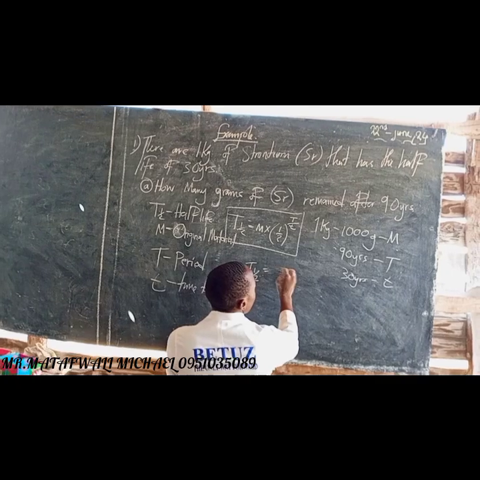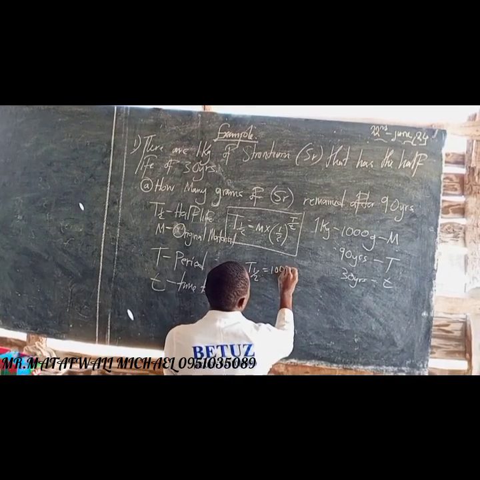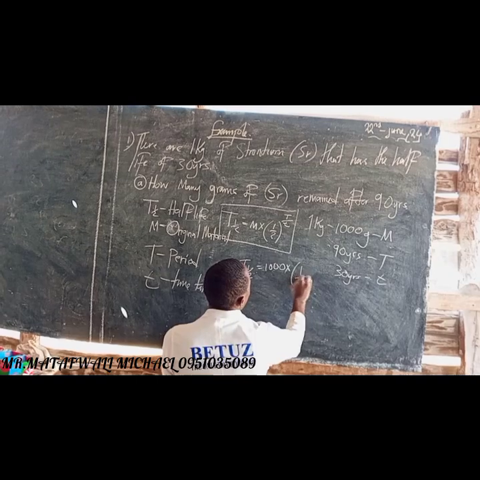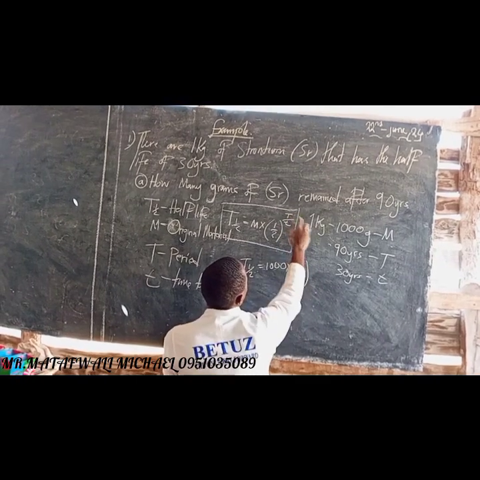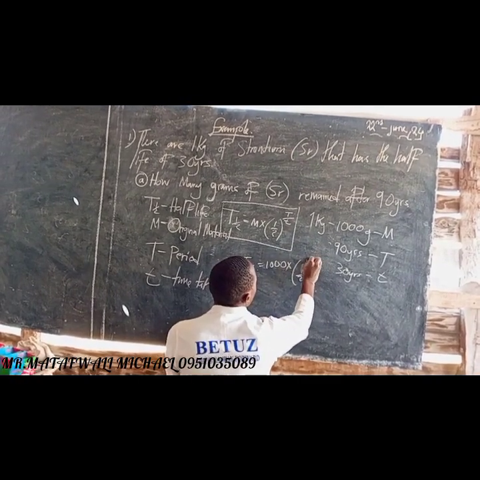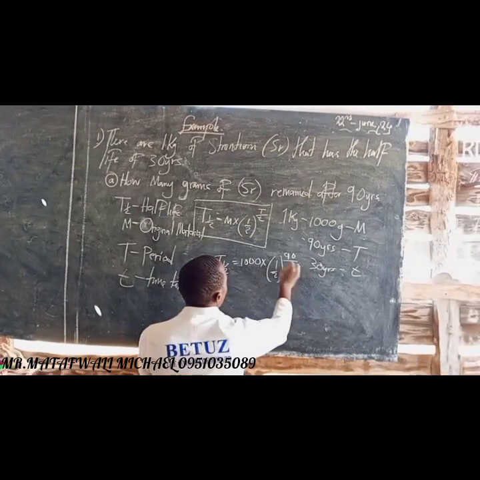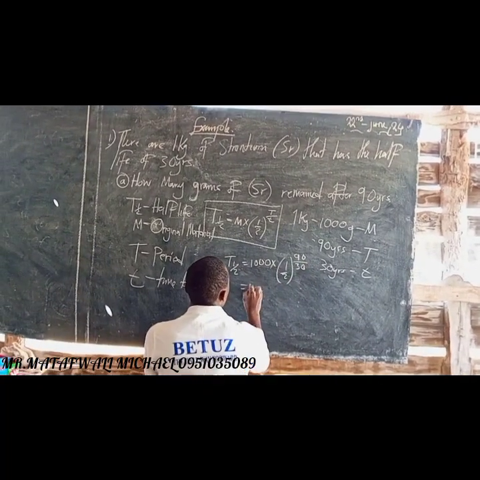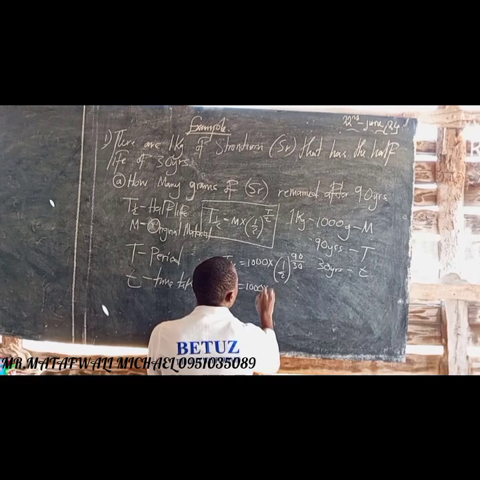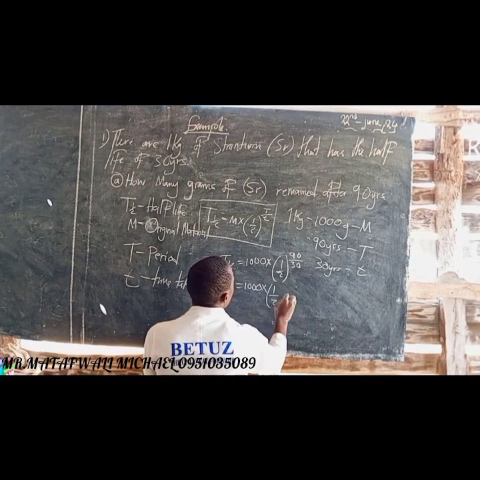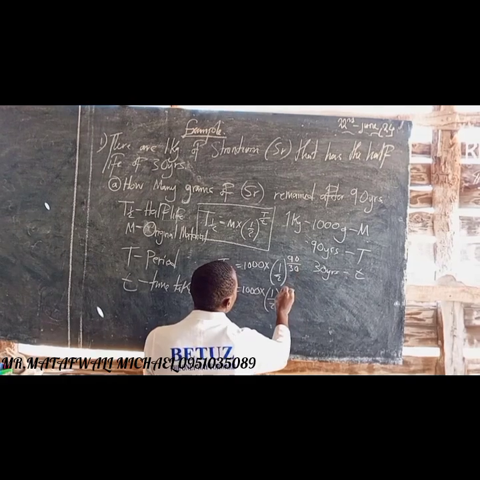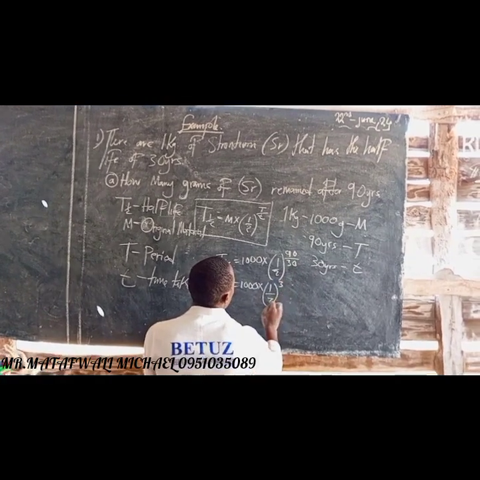So M, we have said it is 1000 multiplied by half. Then total time taken was 90 over 30. So here we are going to have 1000 multiplied by 1 over 2 power 3.